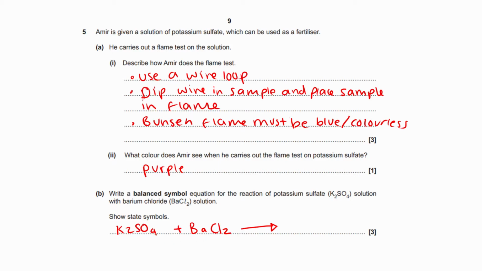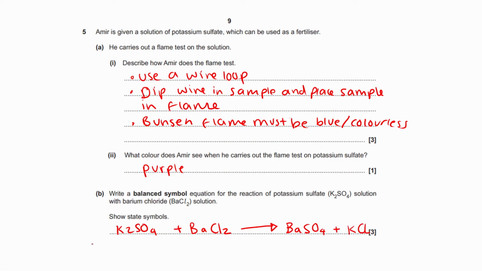This is actually a double displacement reaction happening. We have 2 ionic compounds. Potassium takes the place of barium, barium takes the place of potassium. So instead of having potassium sulfate, we have barium sulfate produced. This is the formula. And instead of having barium chloride, we have potassium chloride. KCl, that's a lowercase l.